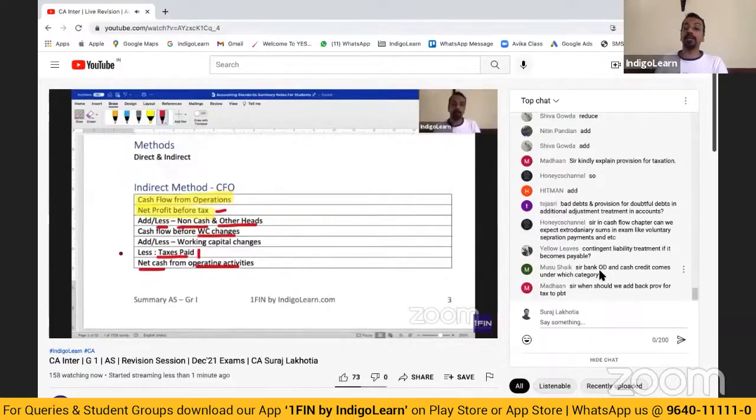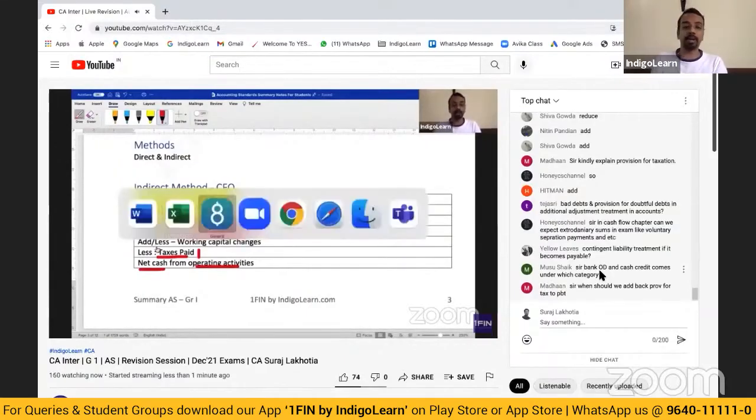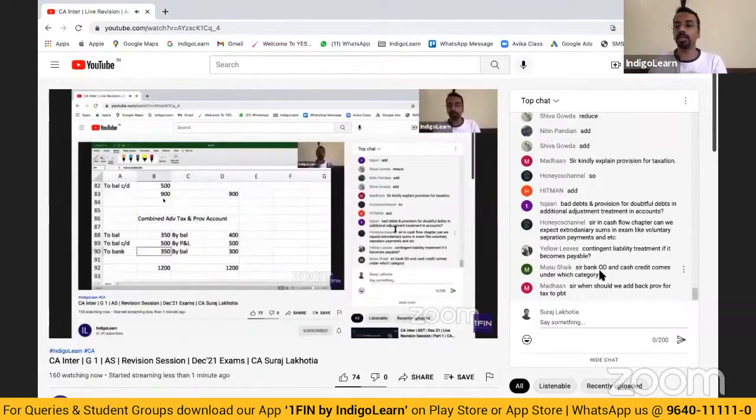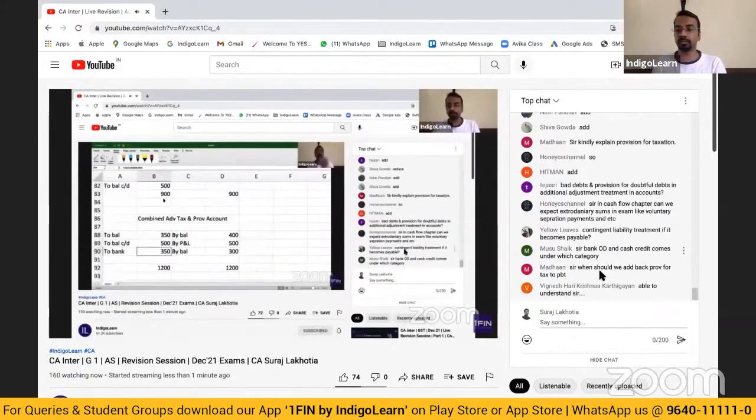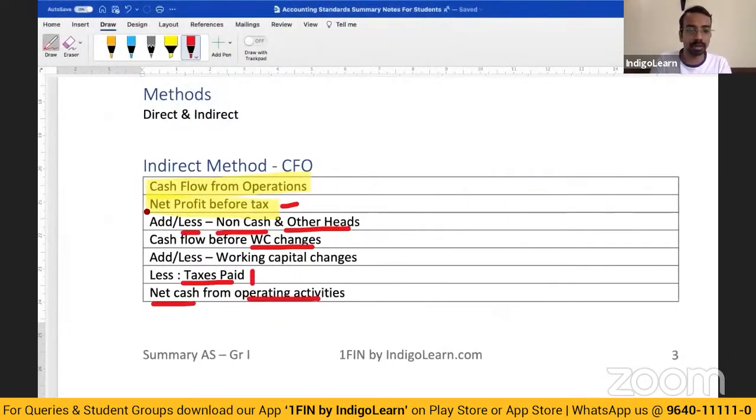If it is profit before tax, then you don't need to add back provision for taxation. If it is profit, see, as I told you here, you start with this, no confusion. So once it is profit before tax, don't add back provision for taxation again. Then the only thing which will come is taxes paid.